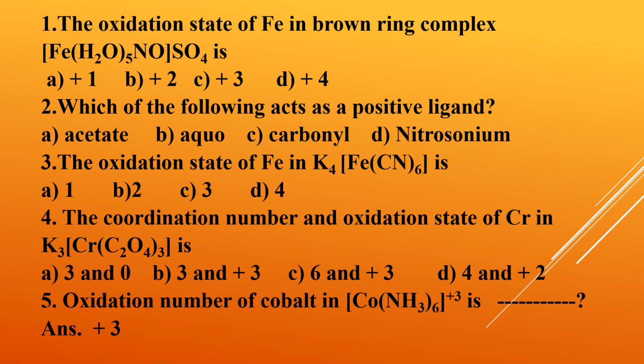So X plus 0 into 6 is equal to plus 3. X plus 0 is equal to plus 3. So X is equal to plus 3. Therefore, the oxidation number of cobalt in [Co(NH3)6]3+ is plus 3. Is it easy for you? Moving on to the next question.